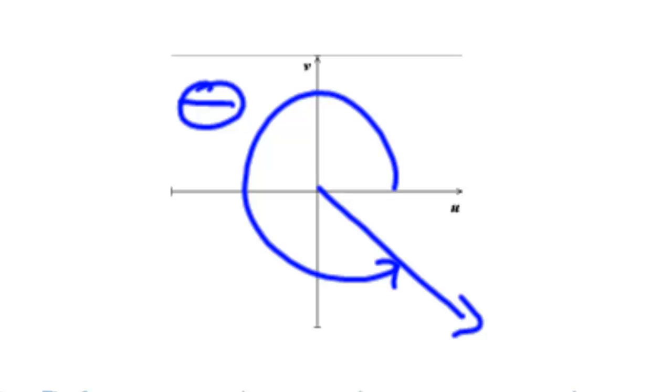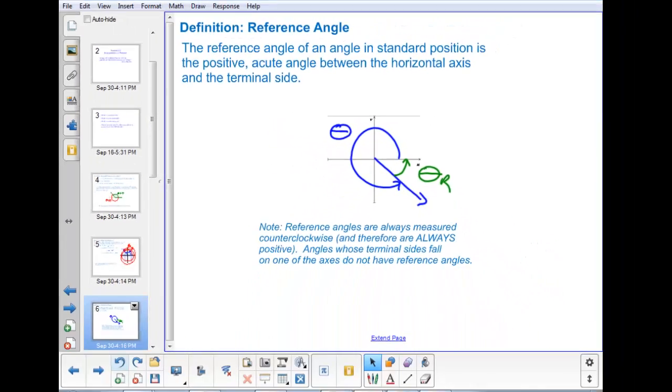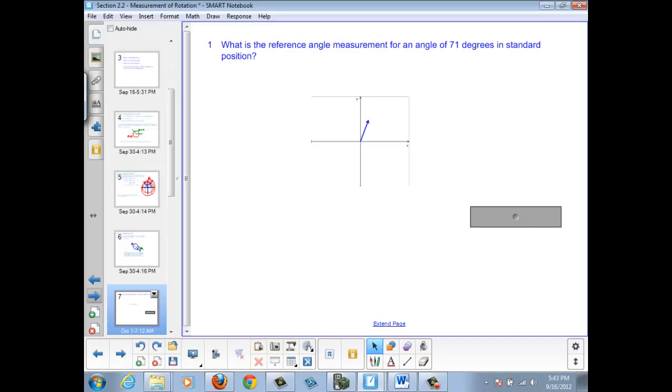And my reference angle, again, the acute positive angle connected to the horizontal axis. Note that our reference angle is always positive. So let's take a look at a couple of examples.